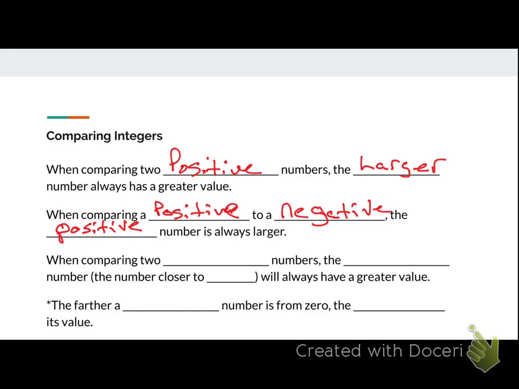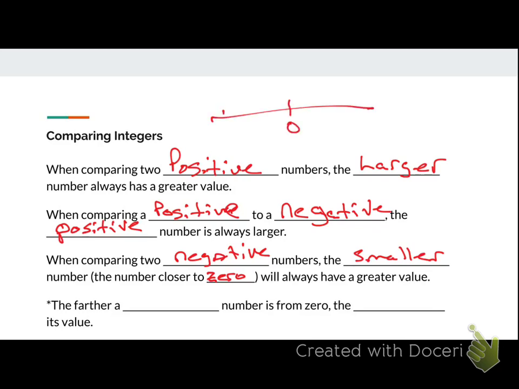The next one says, when comparing two negative numbers, the smaller number or the number closer to 0 will always have a greater value. And I'll go ahead and put it up here. Here is 0.